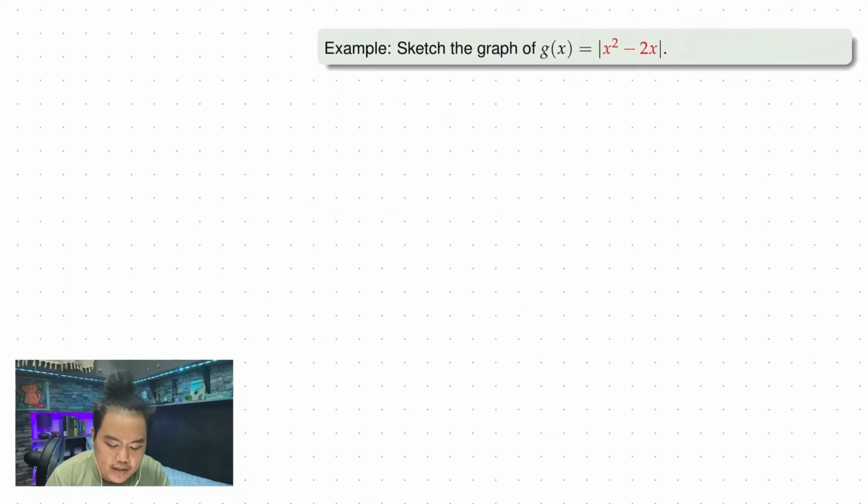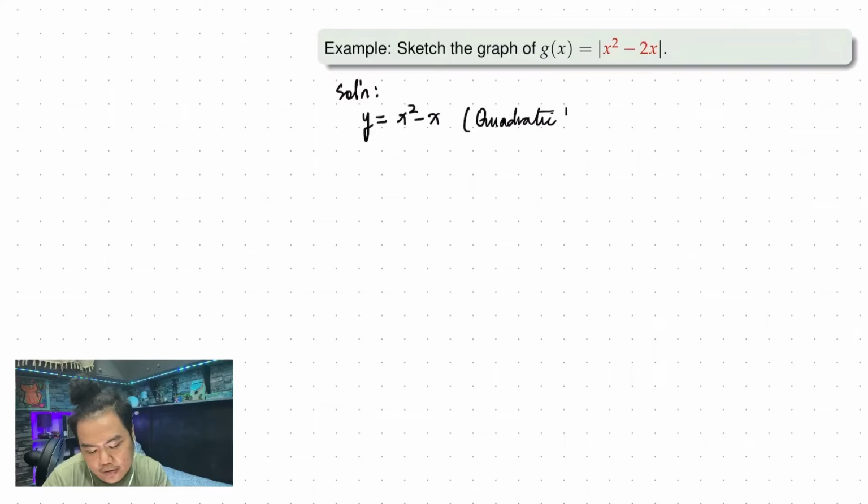So, we want to sketch the graph of this function. So, una, igagraph mo muna yung y equal to yung nasa loob, which is x squared plus x. And this is an example of a quadratic function.